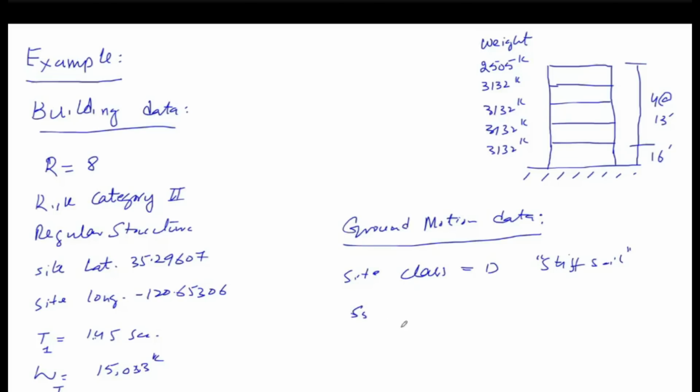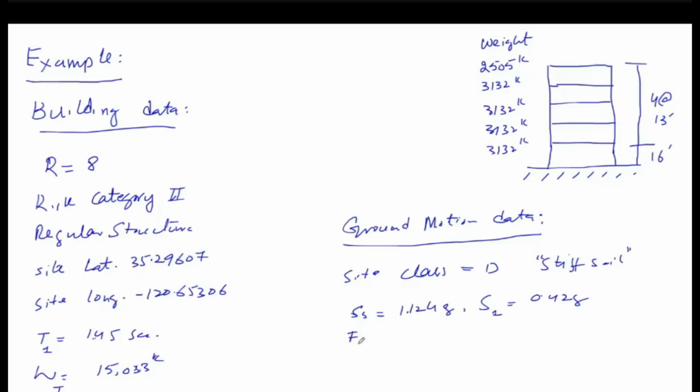The short period spectral acceleration, SS, given at the site is 1.124 g, and the spectral acceleration at vibration period 1 second, S1, is equal to 0.42 g. These are the ground motion values given at the site for this latitude and longitude.